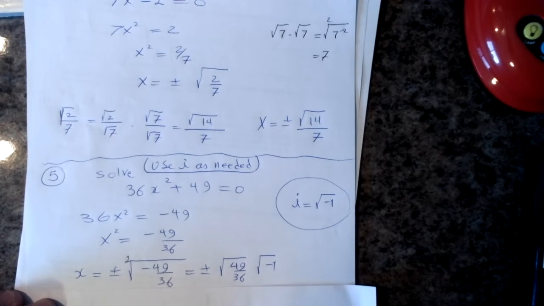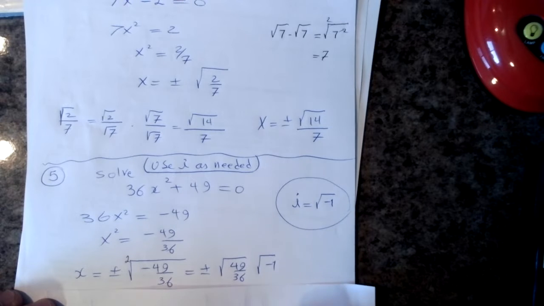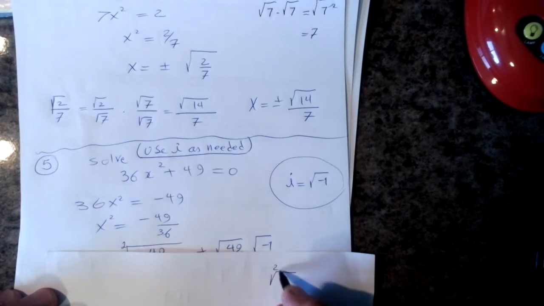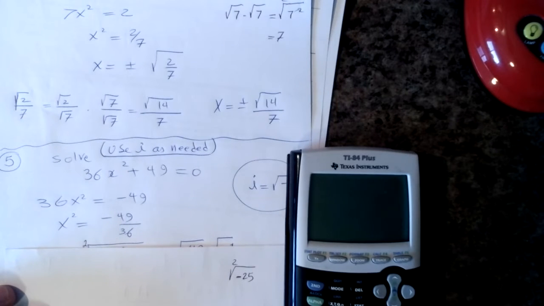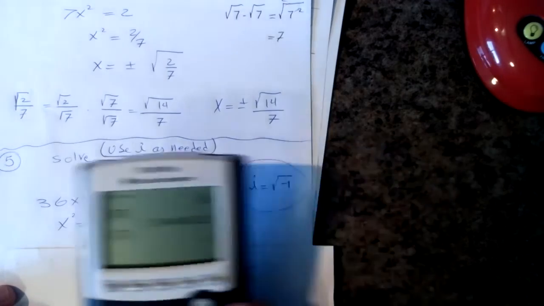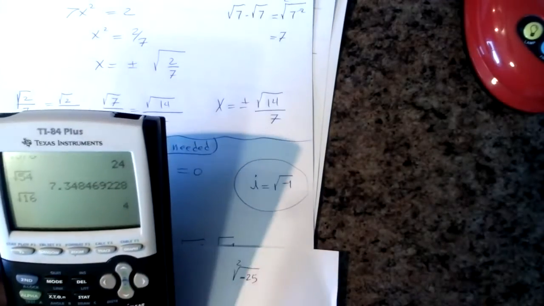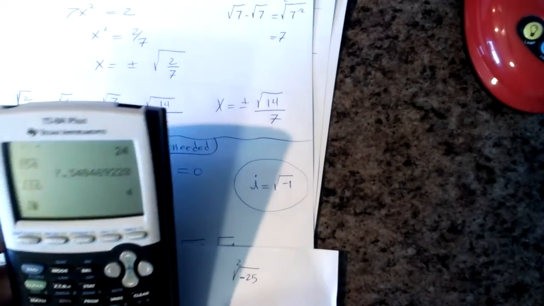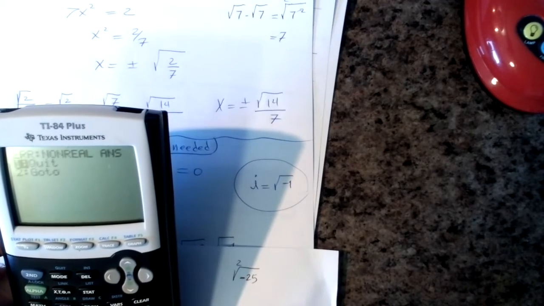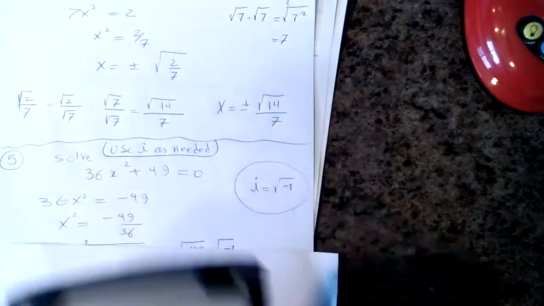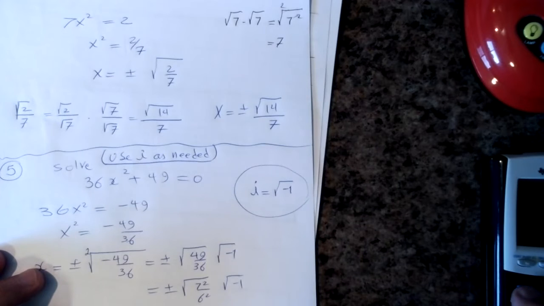For instance, let's say I want to take the square root of negative 25. In the calculator, you put the square root of minus 25. See, the calculator will give you an error. Why? Because when the root is even, you cannot have a negative number.